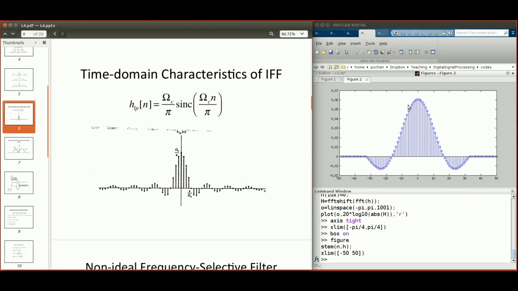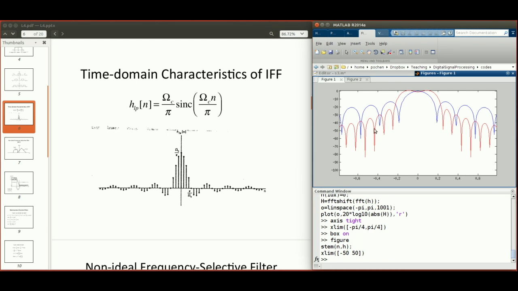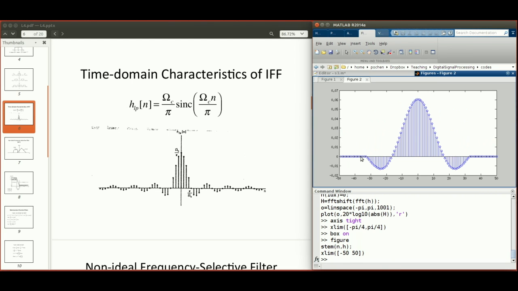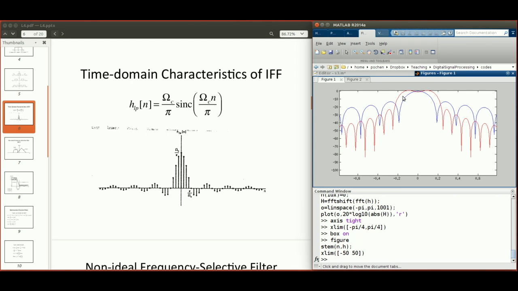And for this modified sinc function, we know its Fourier domain amplitude still resembles a boxcar, but with ripples both in the pass band and also in the stop band. And the consequence of zeroing out those small amplitudes of the sinc function in the time domain is basically that now you have those ripples.